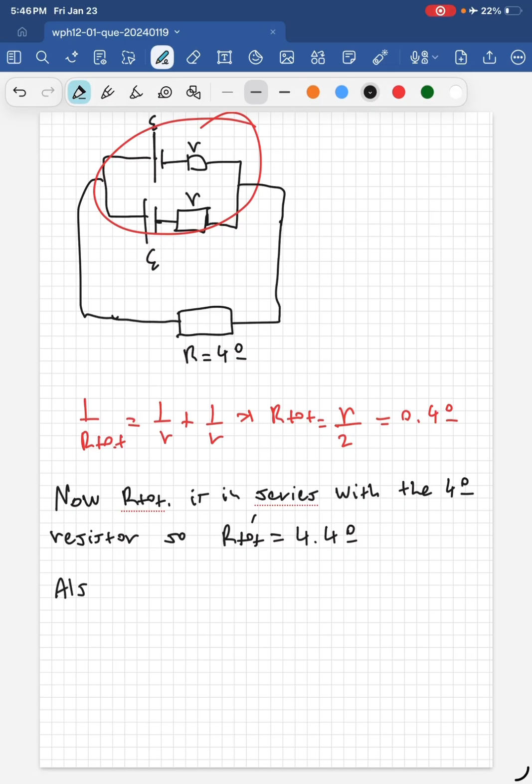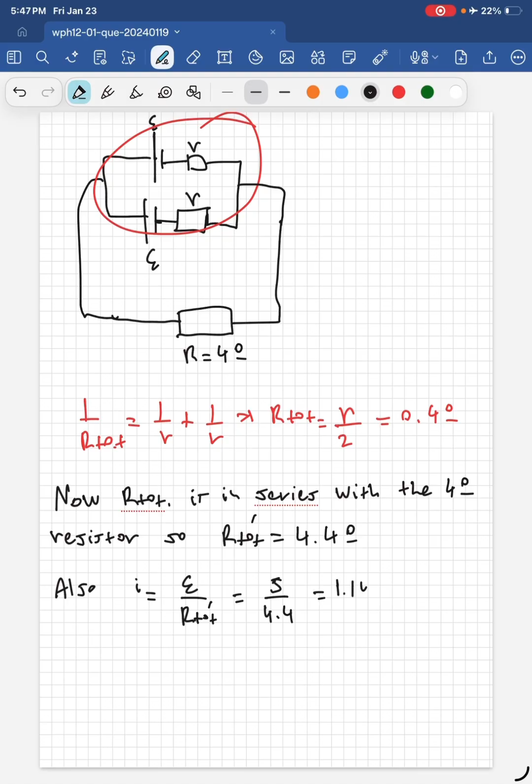Also, the current is now equal to the amp over the total resistance prime, and we just use 1 amp just because they are connected in parallel. It's like having just one battery when batteries are connected in parallel. So that's 5 over 4.4.